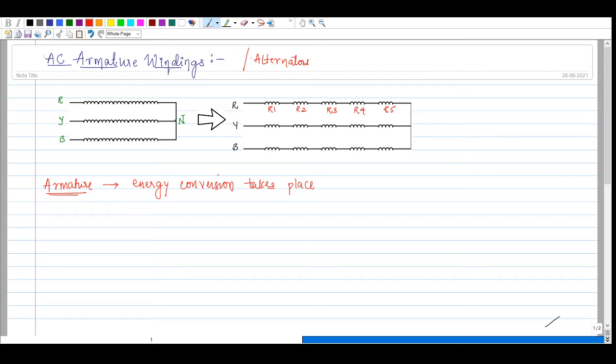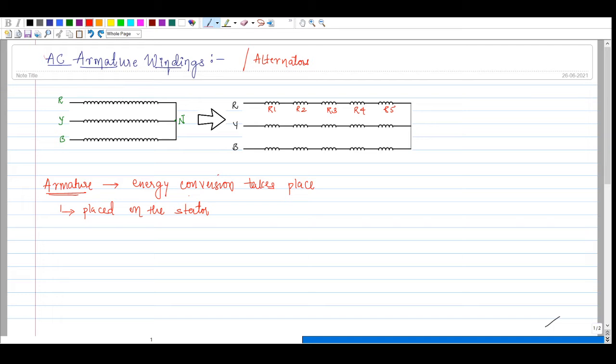These armature windings are placed on the stator part. Hence, the alternators have stationary armature windings.